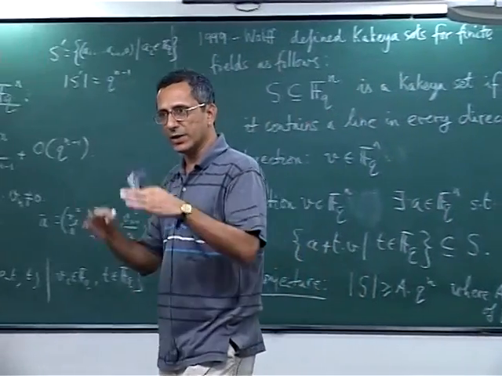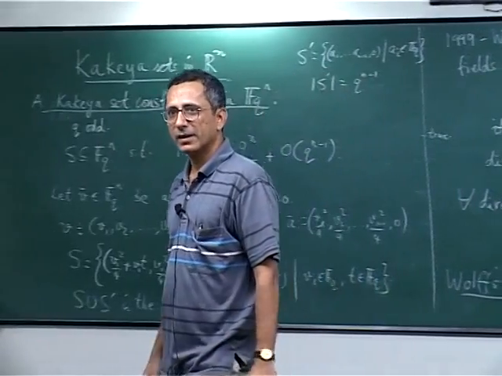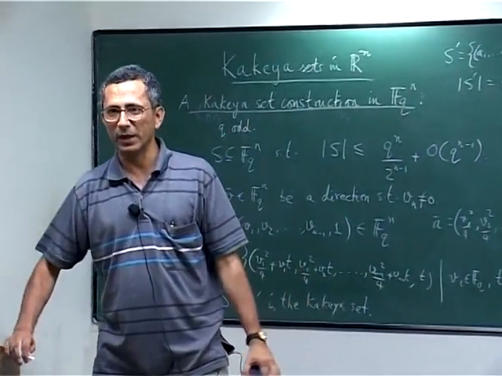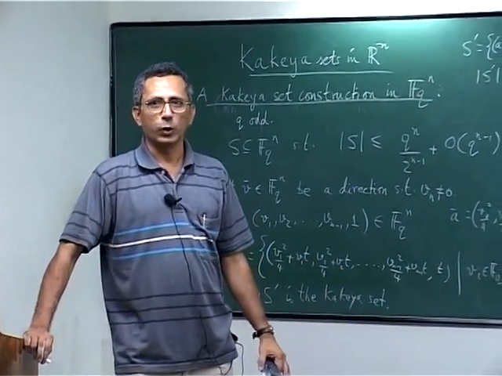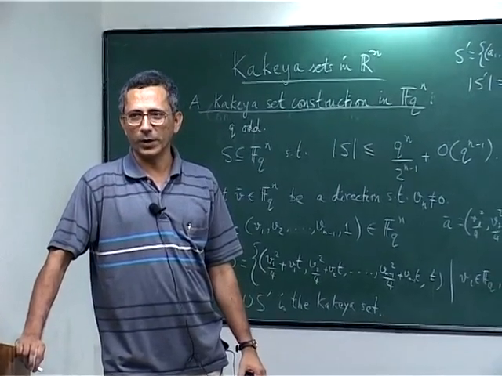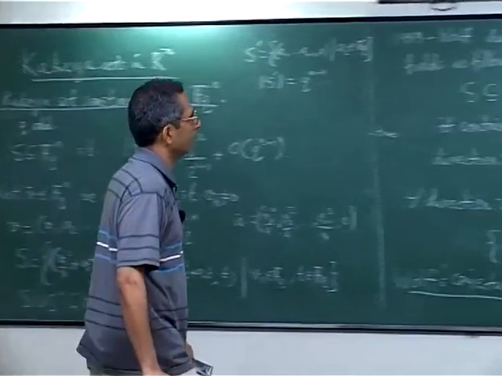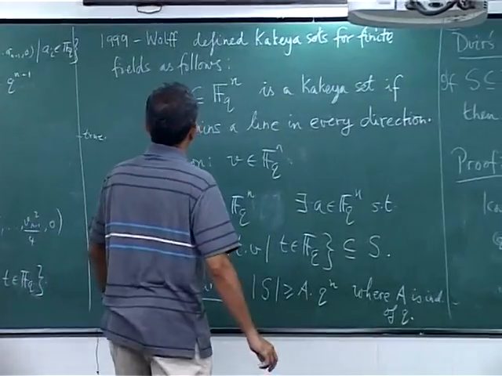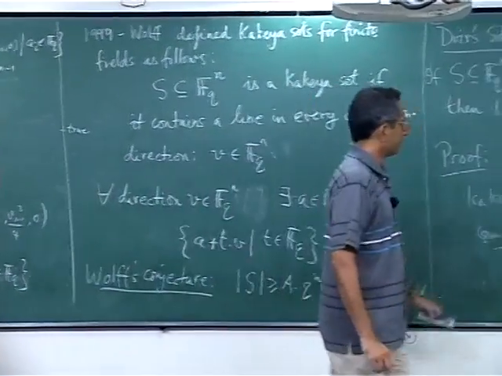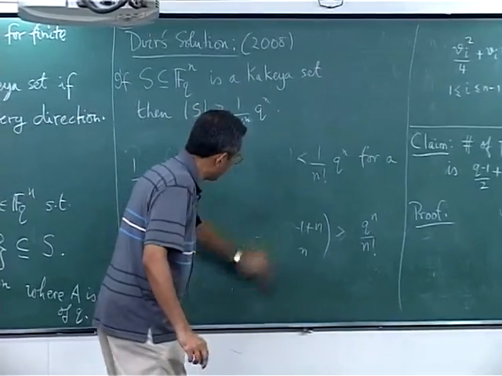So I want to prove a larger lower bound than 1 by n factorial times q power n. q power n is much larger than 4 power n. Okay, so let's erase the old proof.